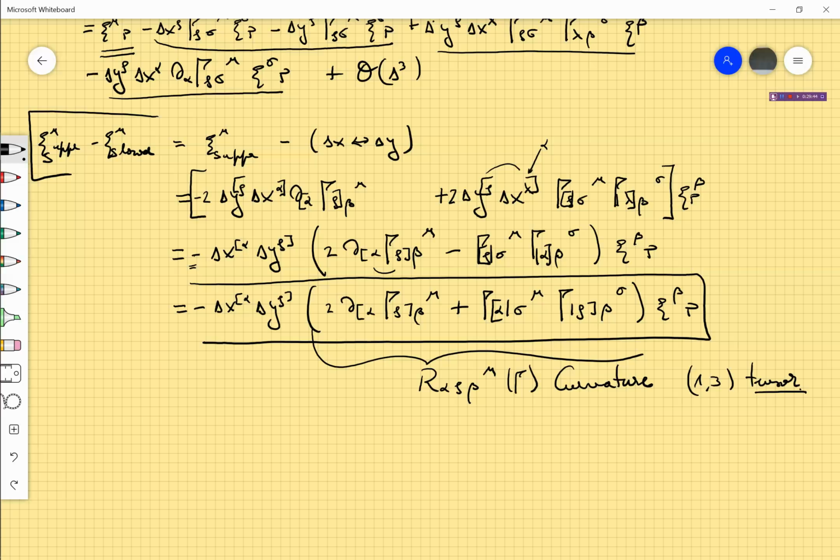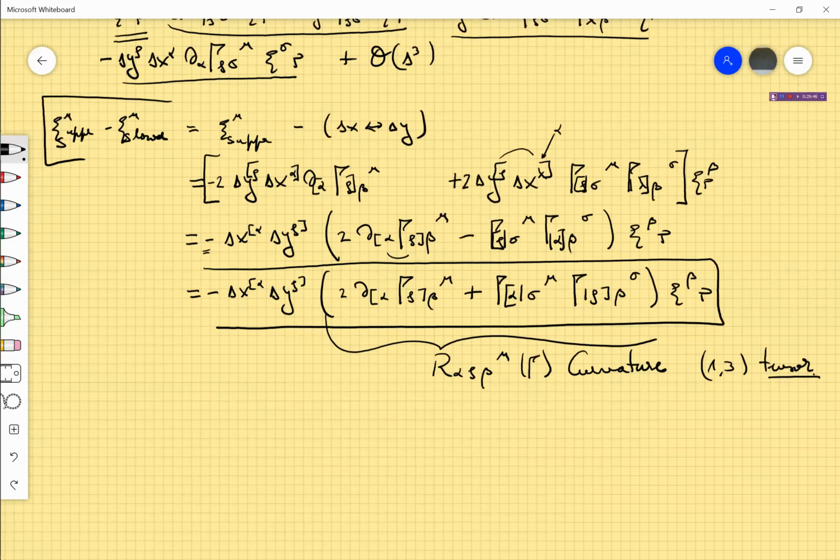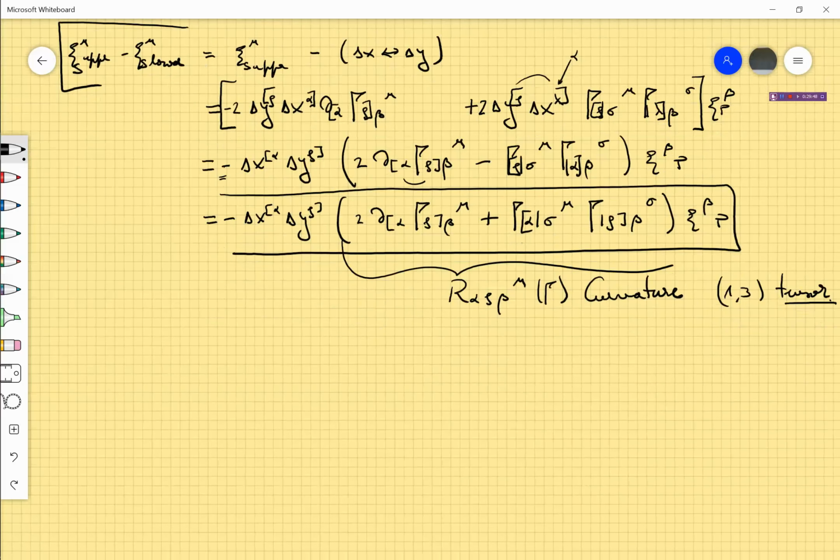The hard way, which is just computing the transformation by brute force, or you can use one of these Ricci identities. Which one? Well, the next one, which is the identity that tells you what is the result of acting with the commutator of two covariant derivatives on a contravariant vector. So let us compute this.